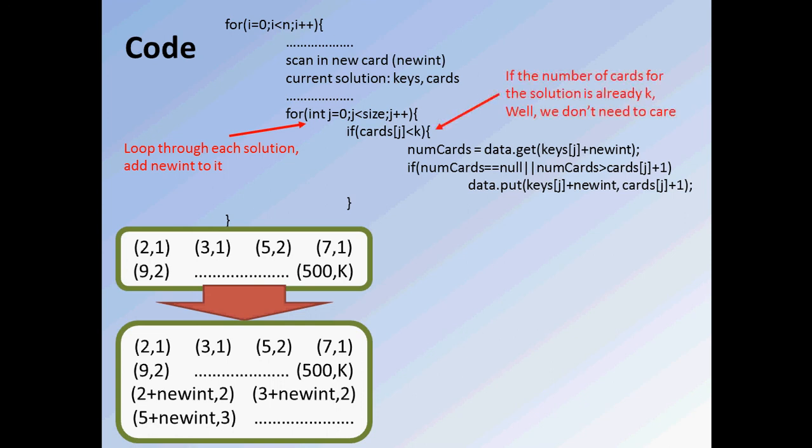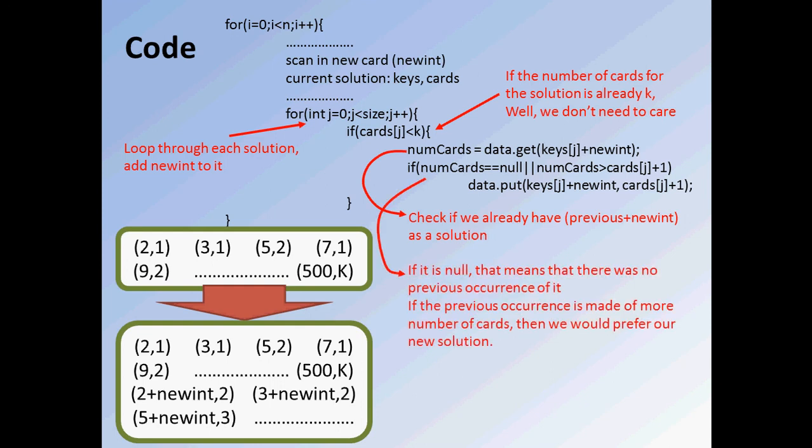If the number of cards exceeds the number k, which is the maximum number of cards I can use, then I don't really need to care about this solution. For those valid combinations, we want to check if it is a repeated combination. So we store it in this variable called num cards, and if it is null, it means that there is no repetition.